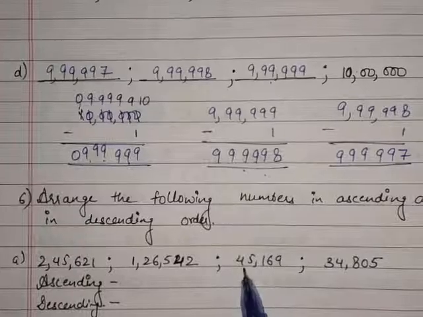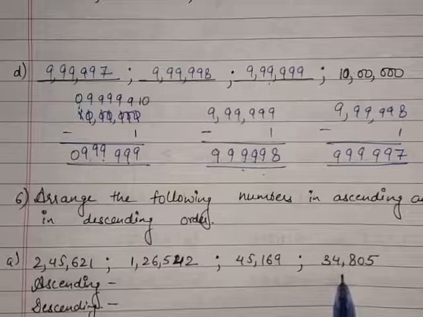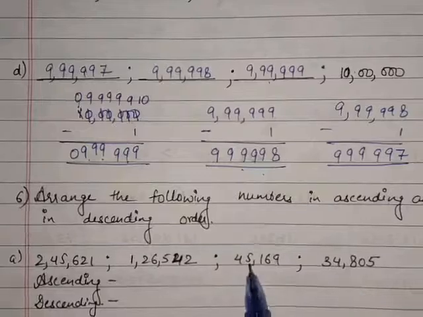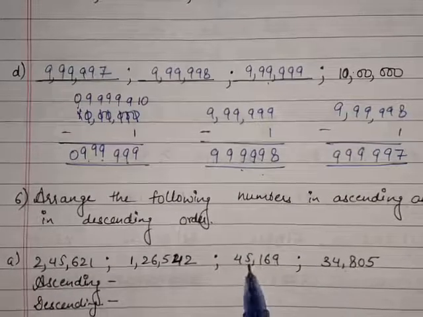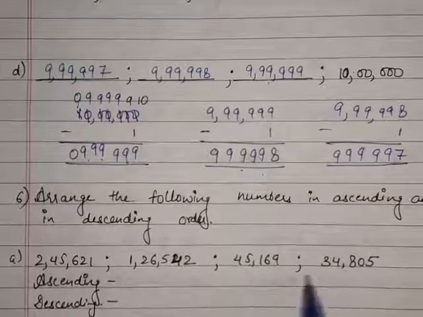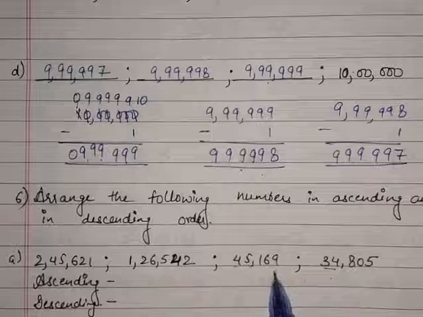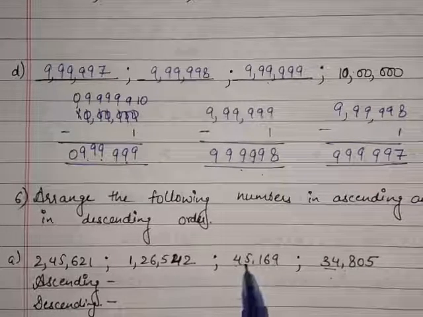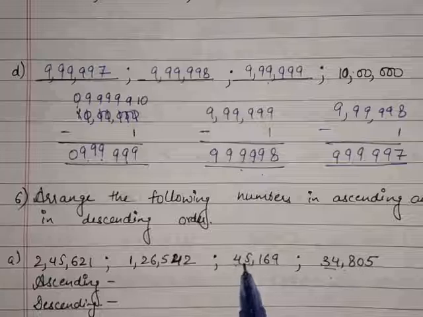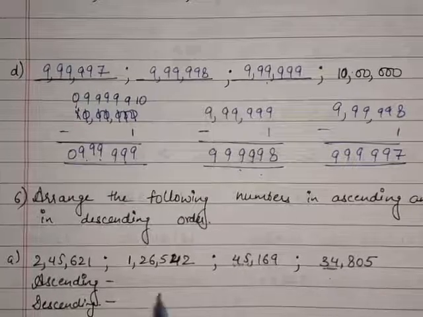See, it is given 45,169 and it is given 34,805. So you know 45 is bigger than 34. We will see from the left side. We will not count from the right side as we were counting the ones, tens, hundreds. We will count from the left side, from the first digit. So which one is smaller? 34,805 is smaller.